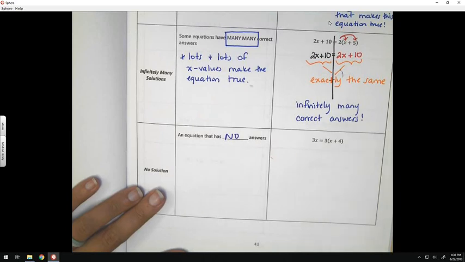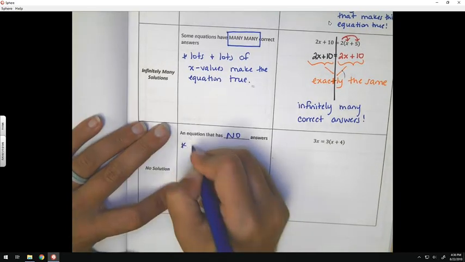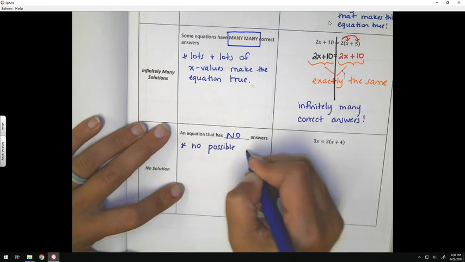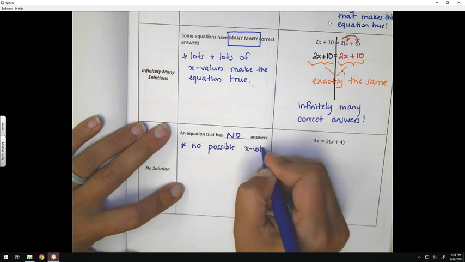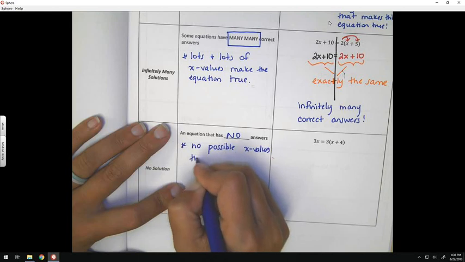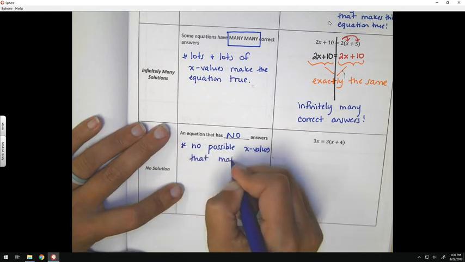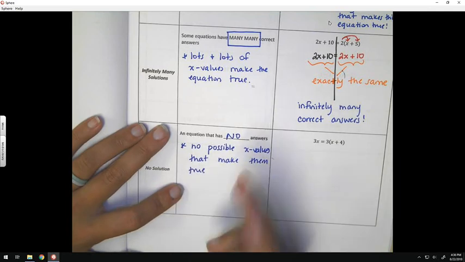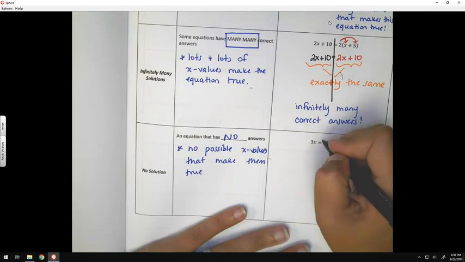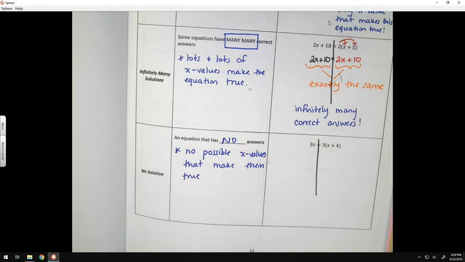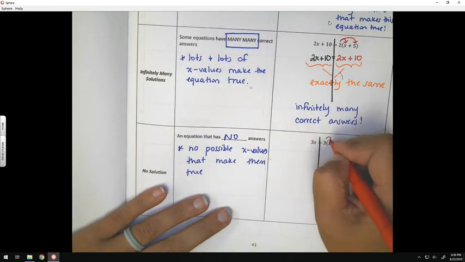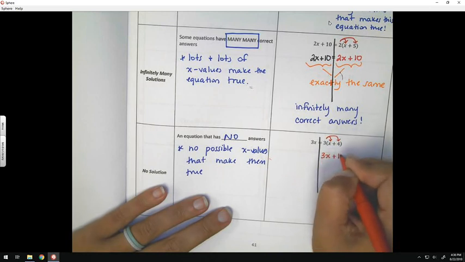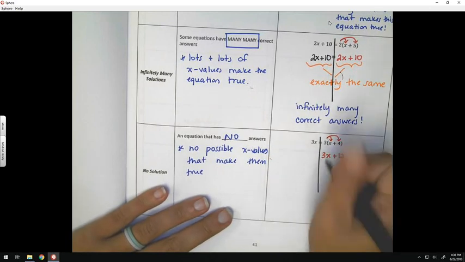There are no possible x values that make them true. So for example, if I was trying to solve this equation and I distributed first to get rid of the parentheses, which means I would have 3x plus 12 equals 3x.